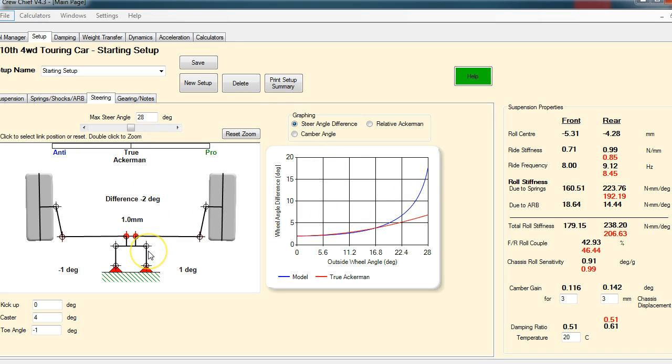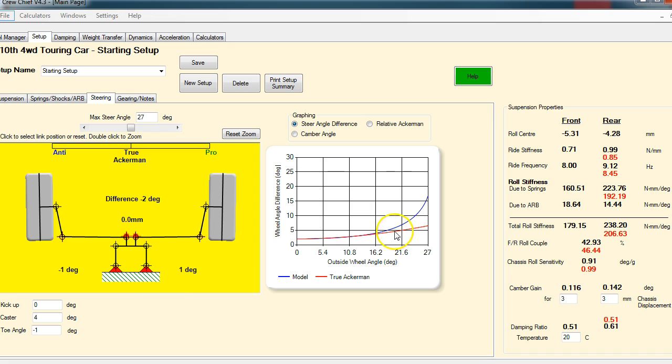If we want to look at this example, let's go to the smallest. So there's the most we can get as far as Ackerman is concerned. We've got almost 16 degrees of Ackerman at full wheel or full steer angle.